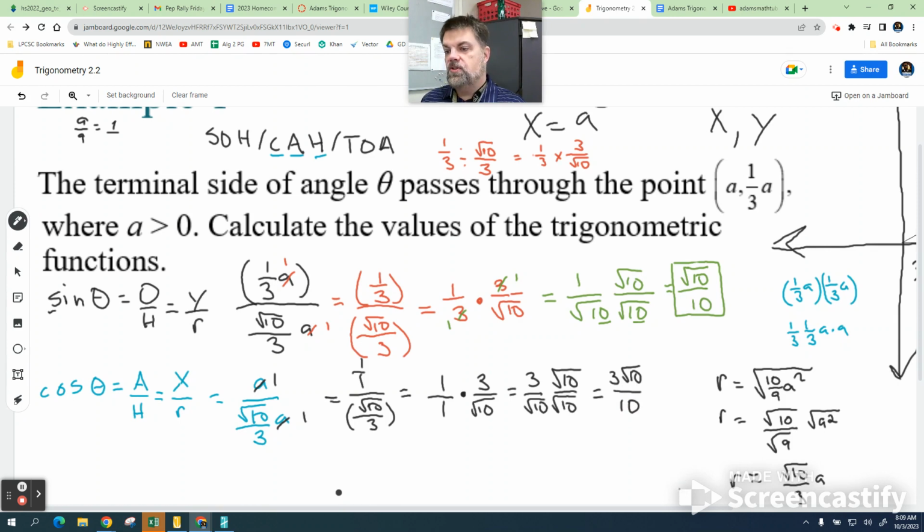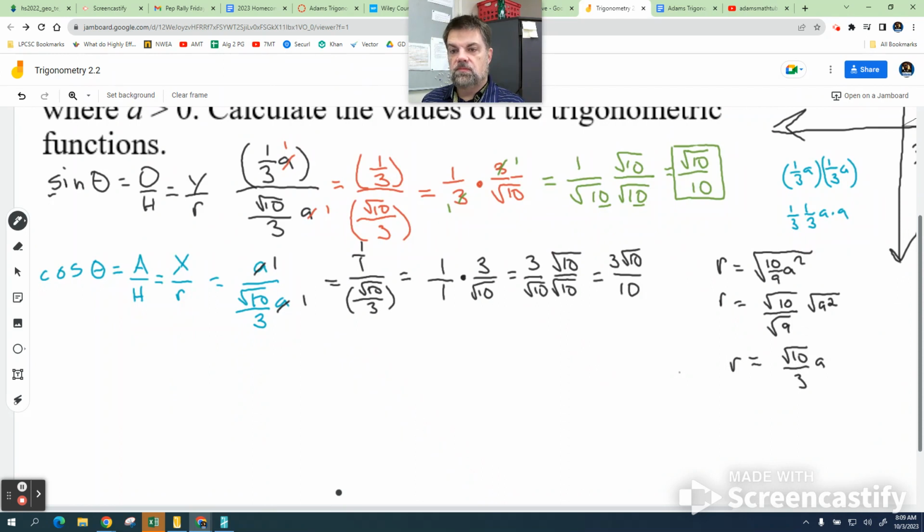All right. So now, let's do tangent. Tangent is going to be the opposite over the adjacent, or y over x.